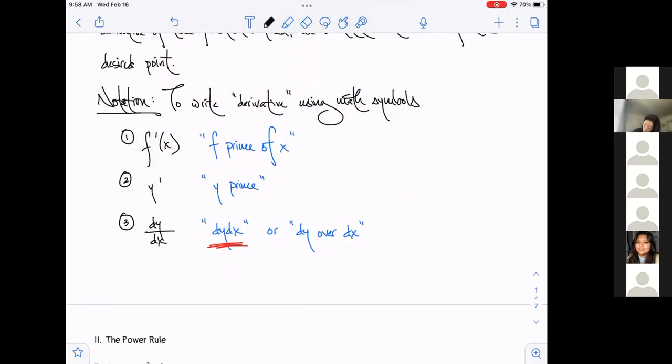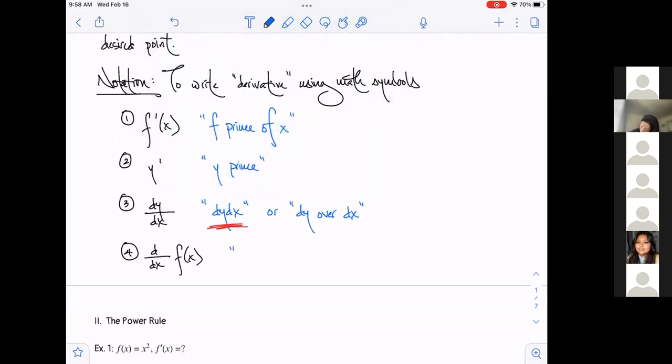Every once in a while, you'll see something like this, d dx, and next to it, you'll have f of x, okay? And this, we would say d dx of f of x, right?